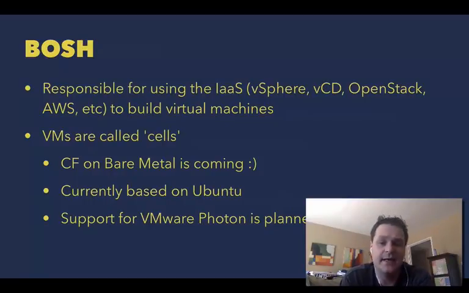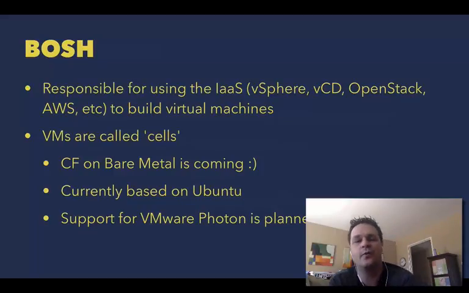Now, the last piece is the ability to build up all of that underlying physical infrastructure to run these virtual machines, these containers and applications that we're running. We need something that can take a raw VM or raw host and turn it into what we need.